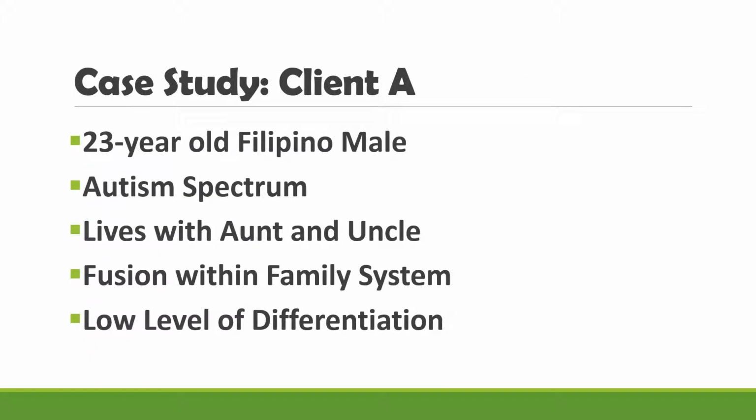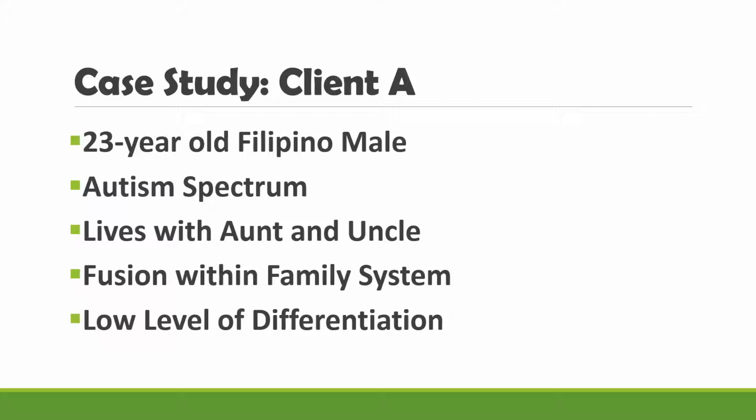The following is a concrete example of work I completed in my practicum experience with a client that differs from me in terms of ethnicity, socioeconomic status, gender, education status, age, and disability status. Client A is a 23-year-old Filipino-American male who is of low socioeconomic status, has a high school education, and is on the autism spectrum.